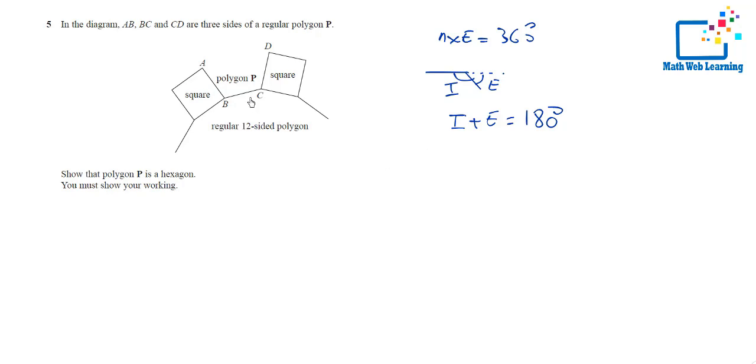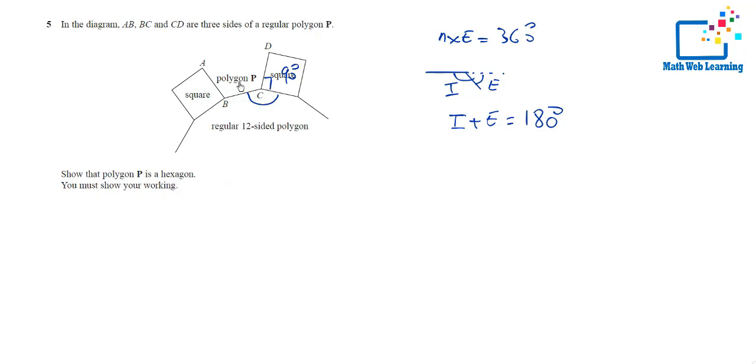So first thing we need to do is calculate the angle C. We know the angle of the square is 90. Why do we need to calculate the angle C? Because I want to calculate angle P, and then use this formula to work out the number of sides for polygon P, and decide if it is a hexagon.